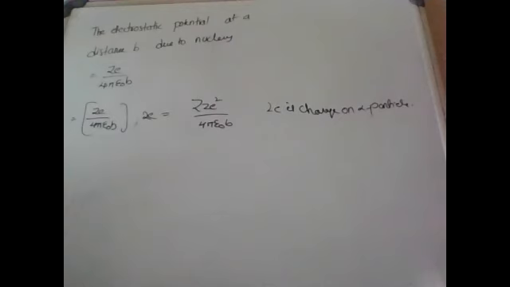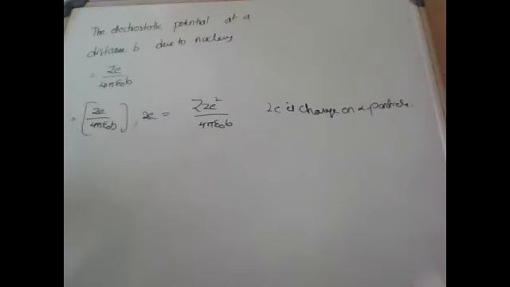When the alpha particle is stopped at a distance b, its kinetic energy, 1 by 2 m v naught square, is completely converted into its potential energy. Here we have to observe one point, that is, the alpha particle is momentarily stopped at a distance b.